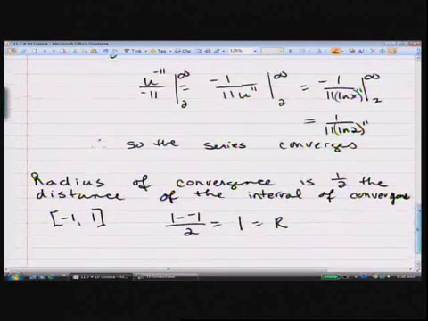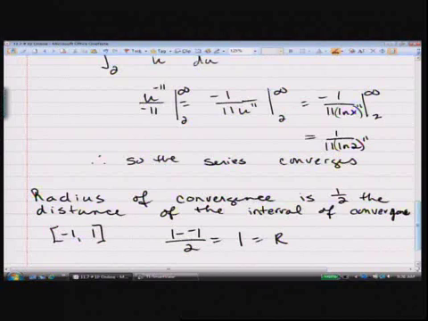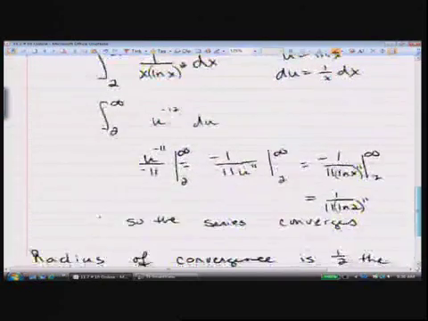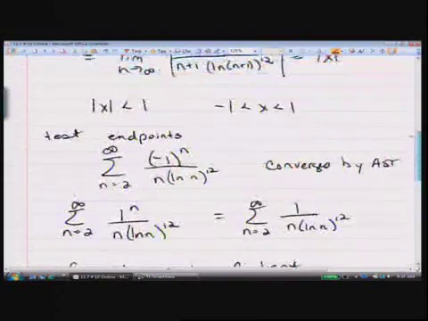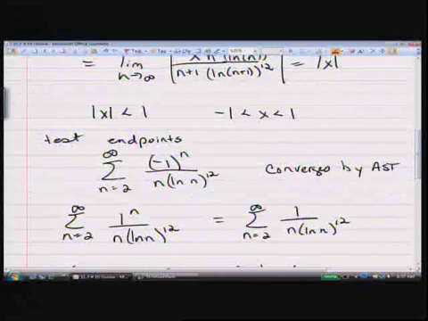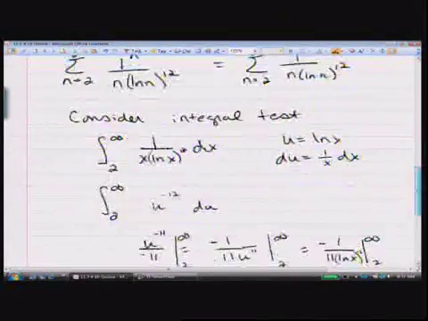All we really have to worry about then is our endpoints, because we know the series converges absolutely on the interior of the interval. On the right-hand side, when we used 1, we got the series to converge. And for negative 1 we just used the alternating series test. But if we had taken the absolute value, we would have had exactly what we had here.